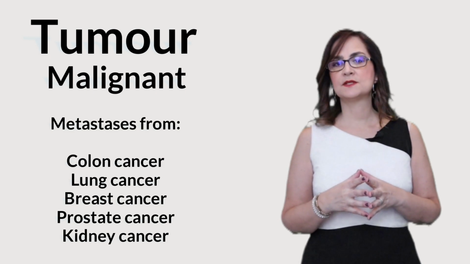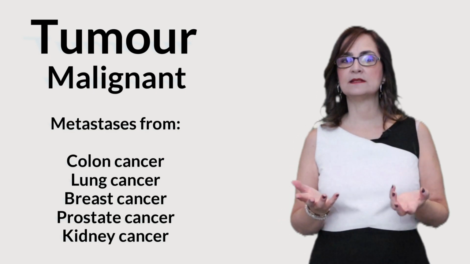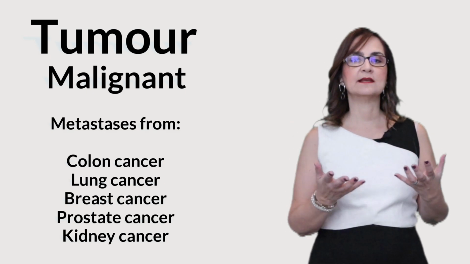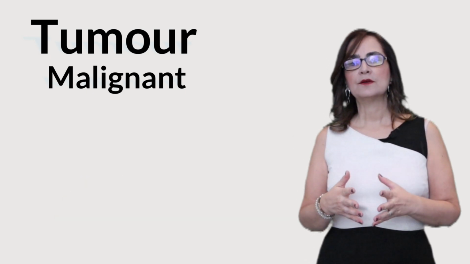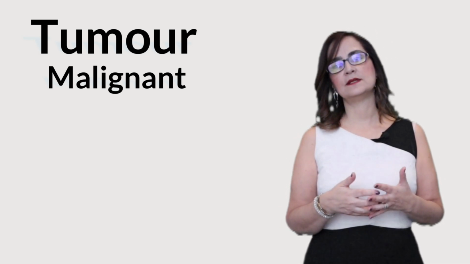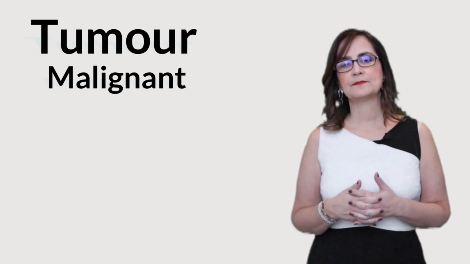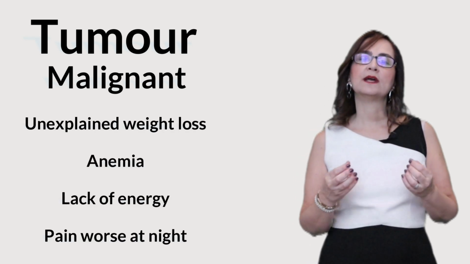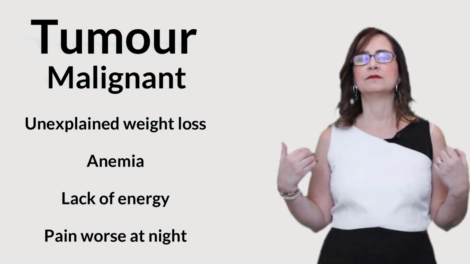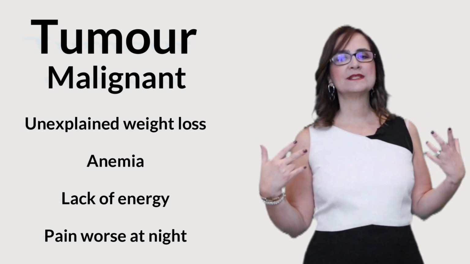The doctor would suspect the person has a metastasis in the spine because there would be other symptoms of the cancer itself. Also because the tumor might be compressing other structures and leading to local symptoms of nerve compression. The person may also have an unexplained weight loss, anemia, lack of energy, and the pain is worse at night than during the day.